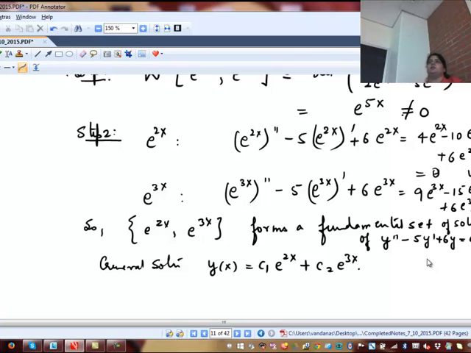This is why I keep writing C1, C2, C3 and so on depending on the order of the differential equation, because at the back of my mind, linear algebra tells me this is a basis and everything will be a linear combination of that.